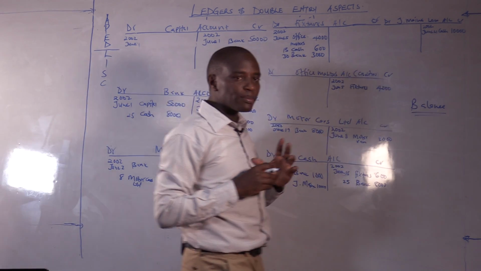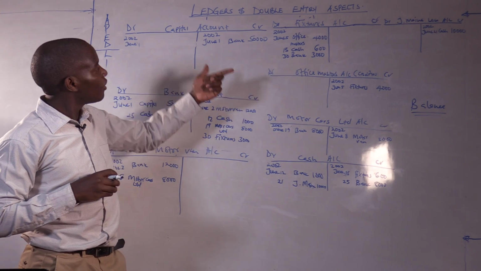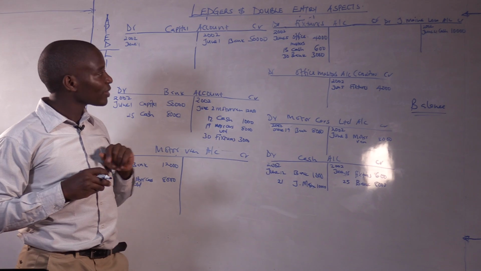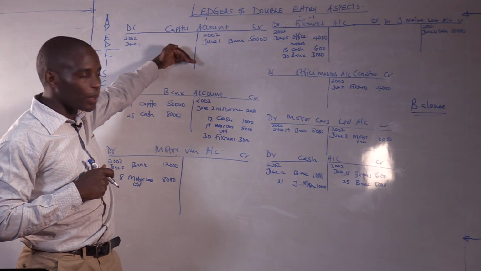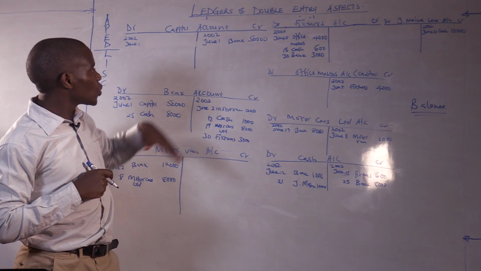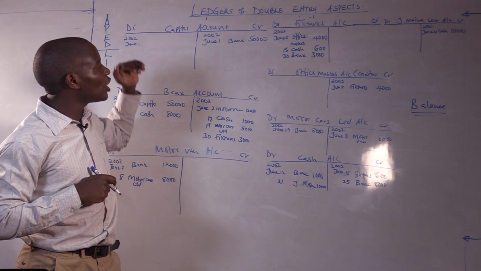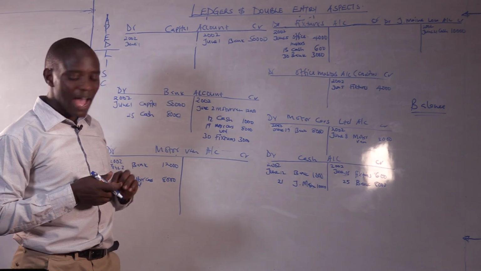Those are the two terms that we shall be introducing in this lesson. Because we have already prepared the ledger accounts from the previous lessons, we shall now go directly into balancing those particular ledger accounts.